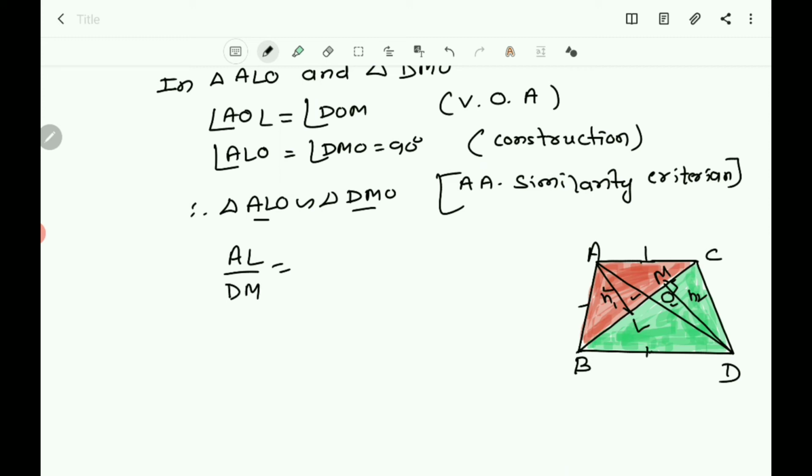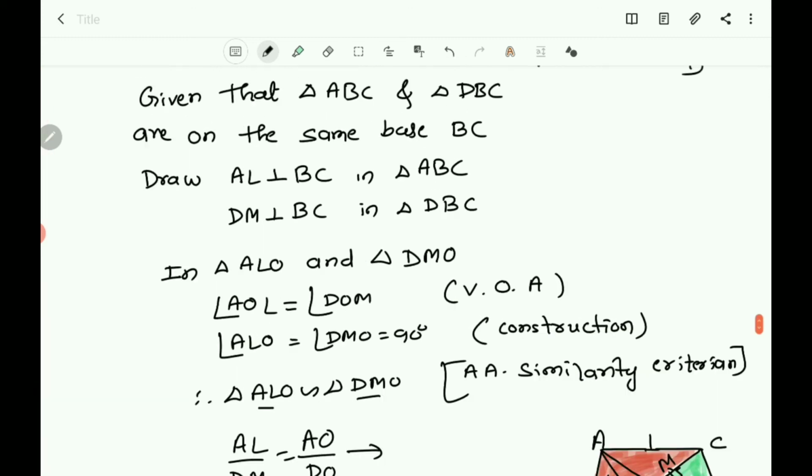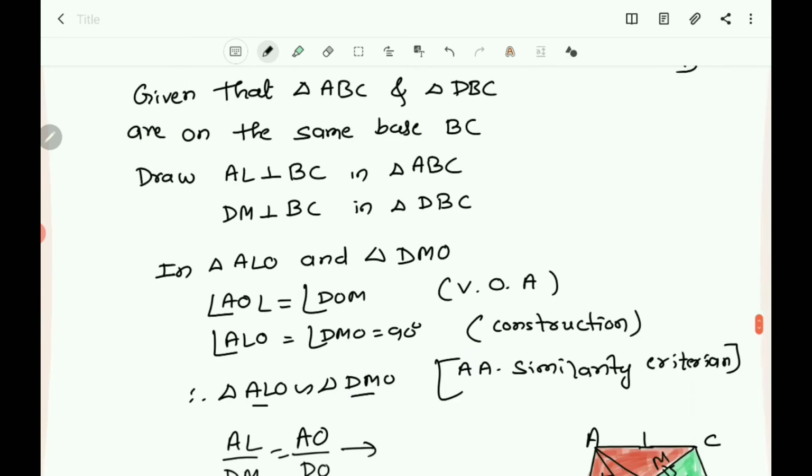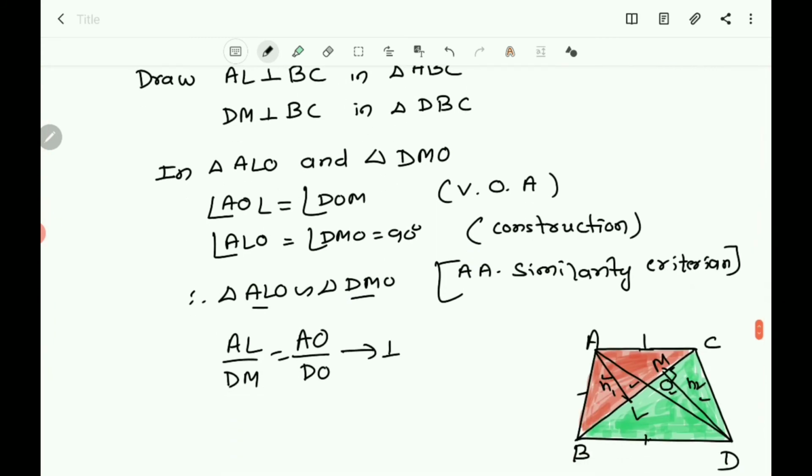Here you say AL by DM is equal to AO by DO. Consider this as the first relation, and the reason you can take is that sides of similar triangles are in proportion.